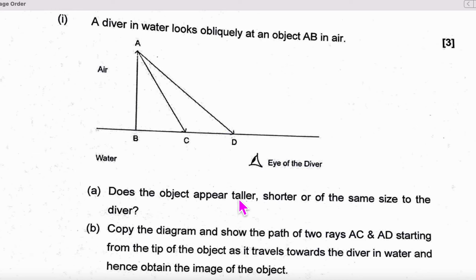The postage stamp at the base of the glass slab appears to be raised. If the fly is looking at the fish, the fish looks closer, but the fish looking at the fly will see it above. The diver is in the denser medium, so here it will be taller.